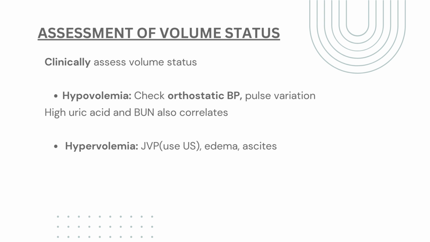We'll check orthostatic blood pressure and orthostatic pulse variation to assess for hypovolemia. High uric acid level and BUN also correlate. For hypervolemia, we can use jugular venous pressure using ultrasound, edema, or evidence of ascites.